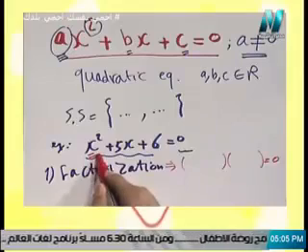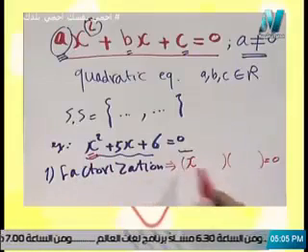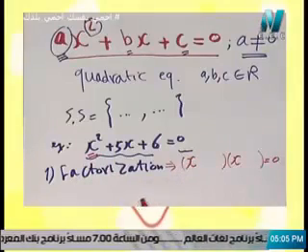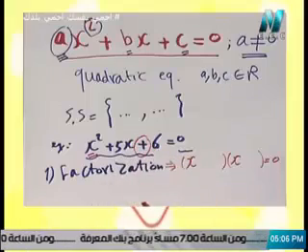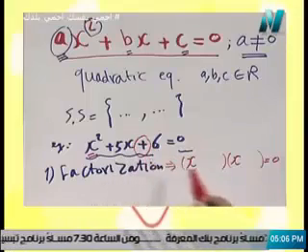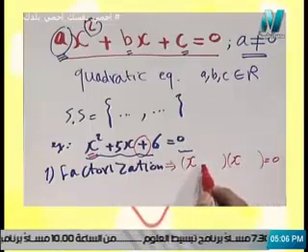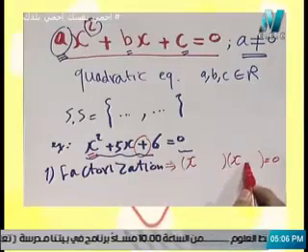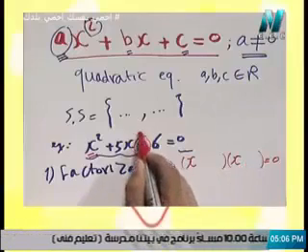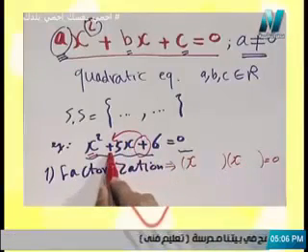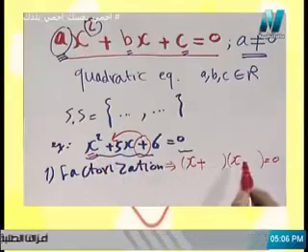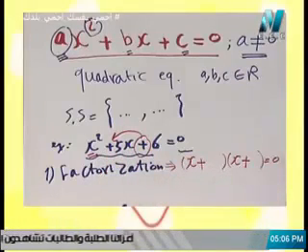X power 2 we factorize as x and x. Here we have positive, meaning positive multiplied by positive or negative multiplied by negative. But as the first sign here is positive, it will be positive and positive.